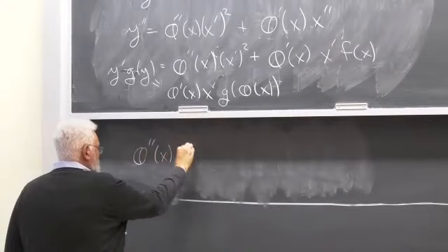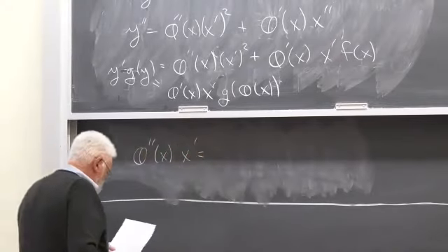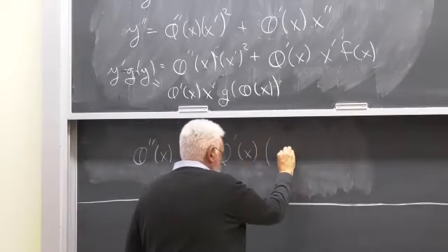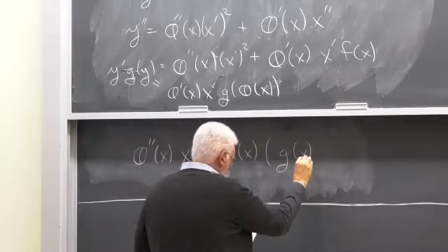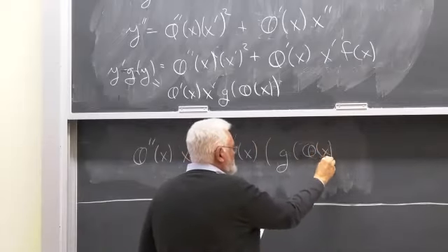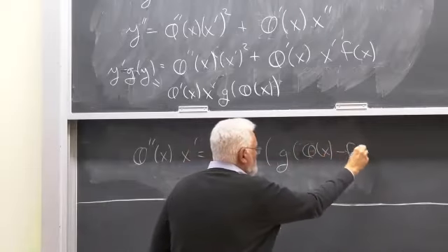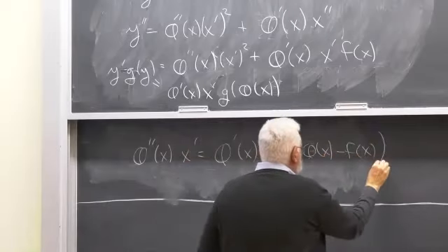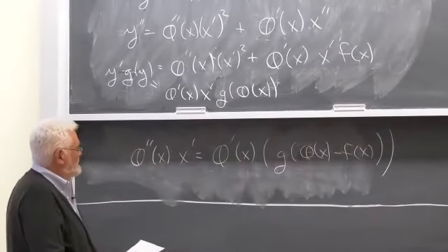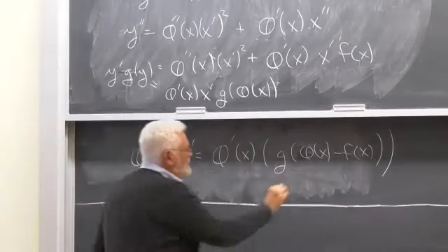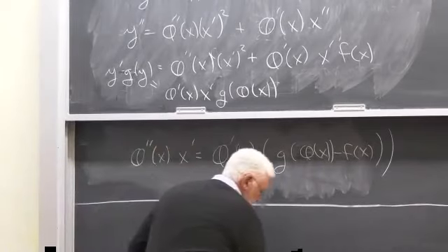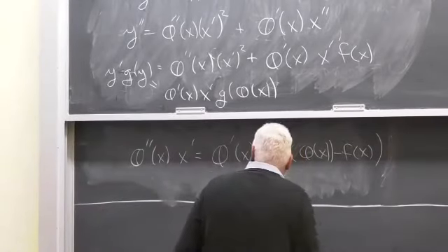Phi double prime of x times x prime is phi prime of x, times g of phi of x, minus f of x. Okay.